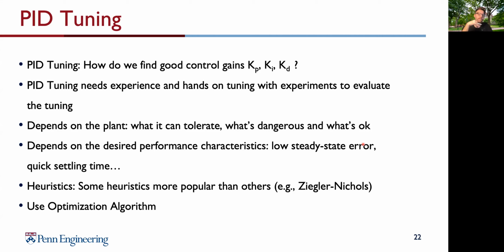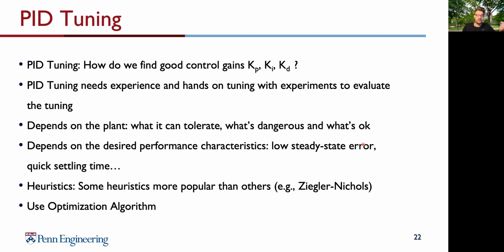So the tuning of a PID controller needs experience and hands-on tuning with experiments, with simulations. In addition, it depends on the system you have. Like a PID controller for our electrical engine, which I showed you in the beginning, might be different from the PID controller of our reference tracking.